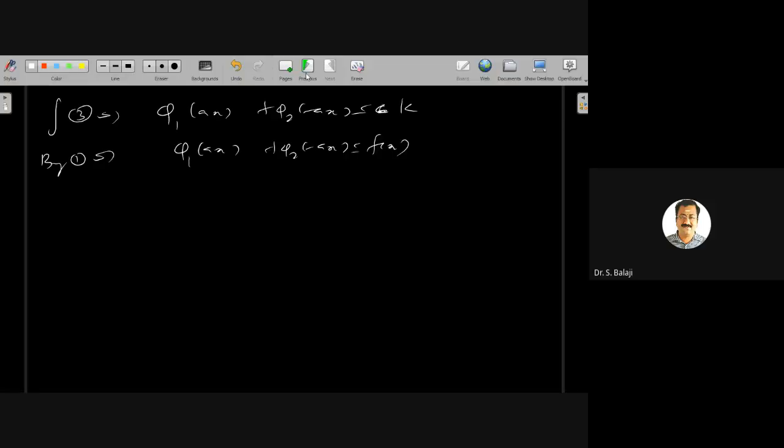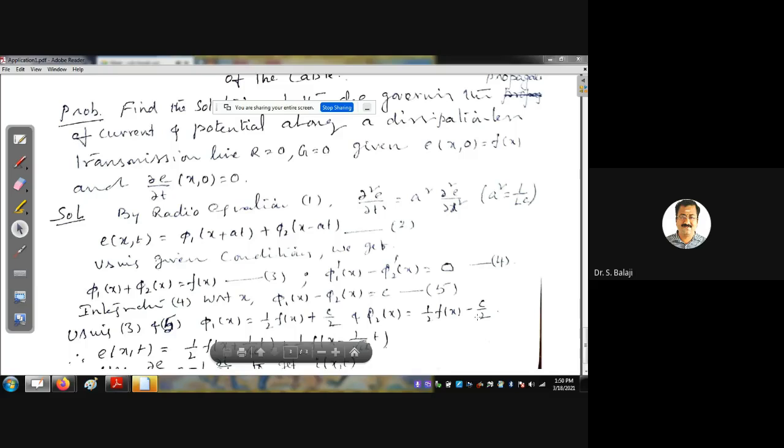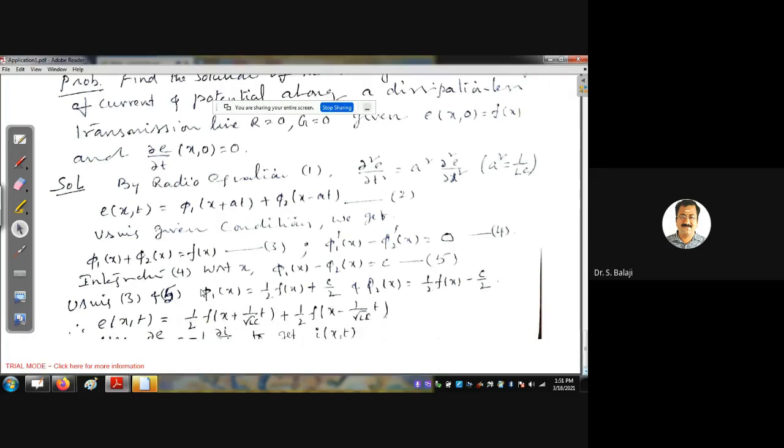So we are getting these two relationships, but both are the same. If you integrate here, using 3 and 4, pi 1 is plus, and you are getting minus pi 2 dash.